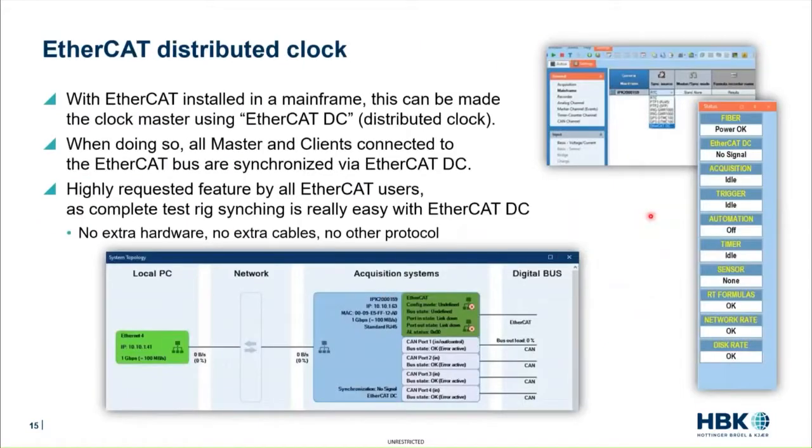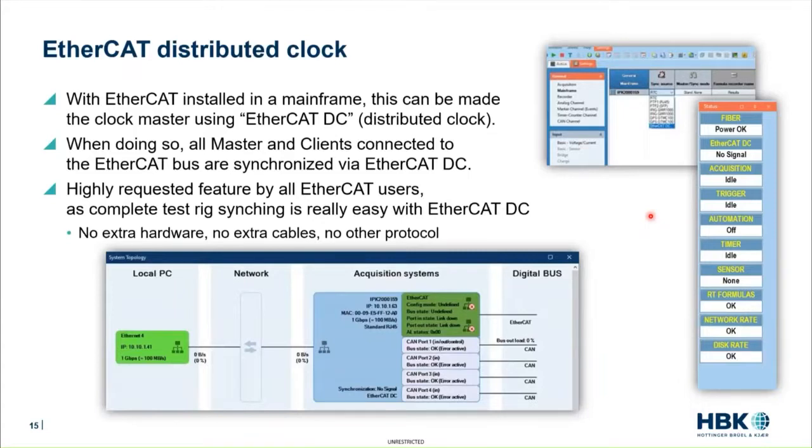EtherCAT distributed clock. We had many of our EtherCAT users who were really interested in supporting a distributed clock feature, and the reason is that it's a really simple way to synchronize multiple systems that are using EtherCAT. EtherCAT is an industrial bus. We don't see it very often in the North American market, but it is very common in Europe.